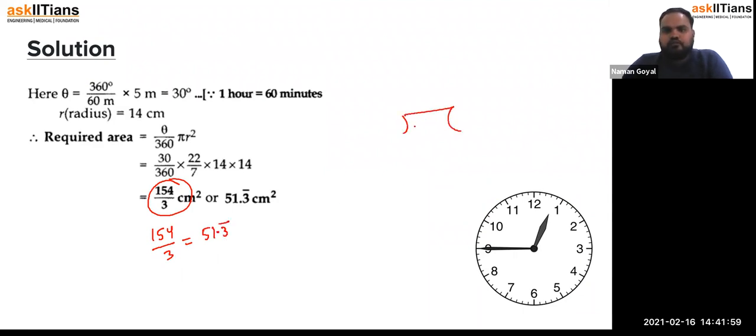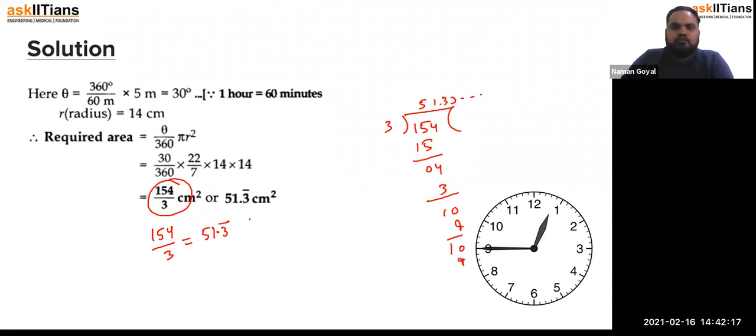If you divide 154 by 3, you get 51, and then the remainder 1, then 10, 3, 9, 1, again 0, 9, again 3, and so on. So this quantity equals 51.3 bar, and the bar means that the 3 is repeated many times. So we got the same solution here.